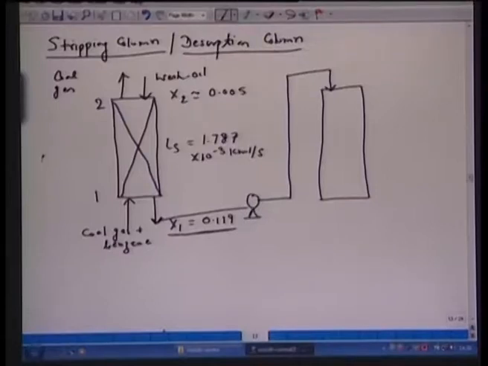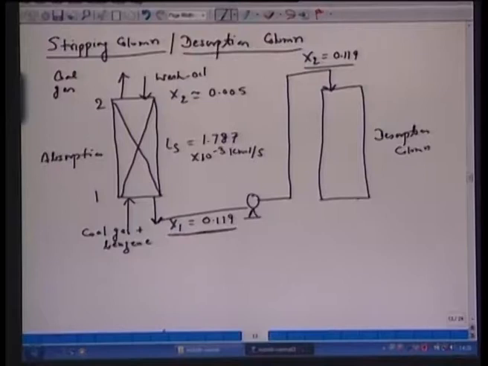So this is the absorption column and this is the desorption column. The idea here is that this liquid contains a very high amount of benzene, 0.119. This is the same as the composition here.